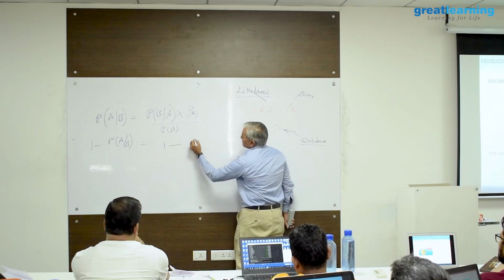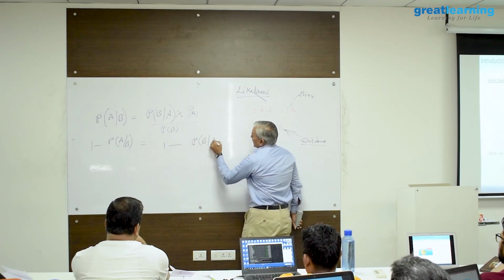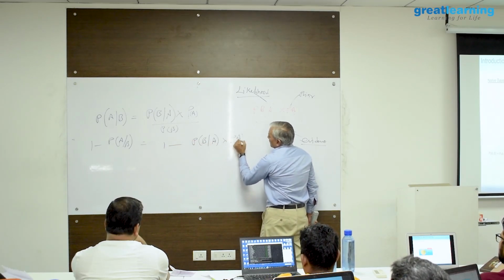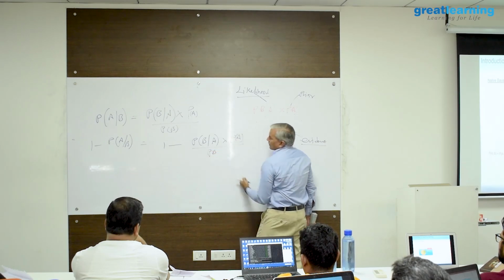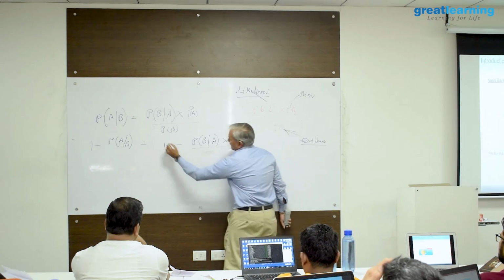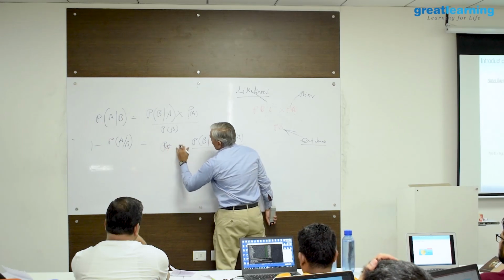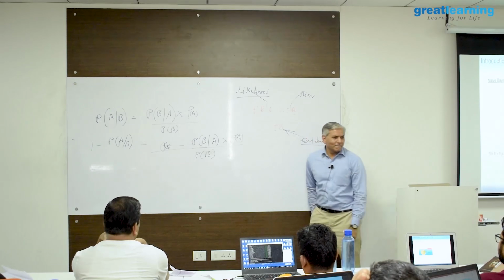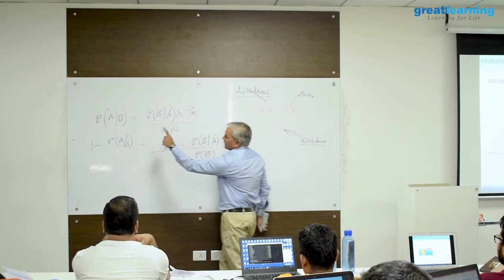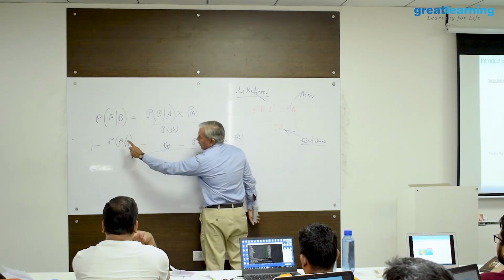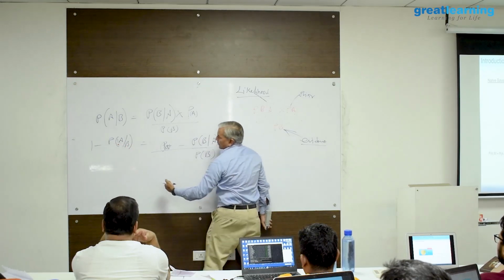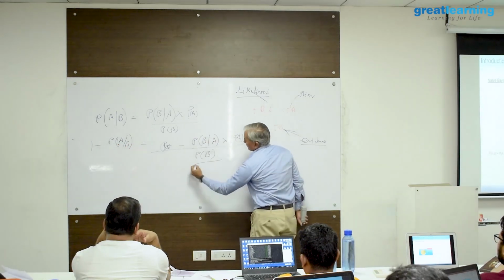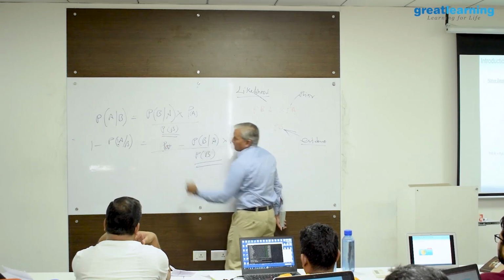So this I can write as P(B given A) into P(A) by P(B), which can be further written as P(B) by P(B). Agreed? So whether you're finding probability of A given B or not A given B, both of them have P(B) in the denominator.